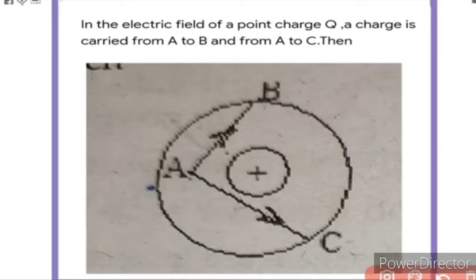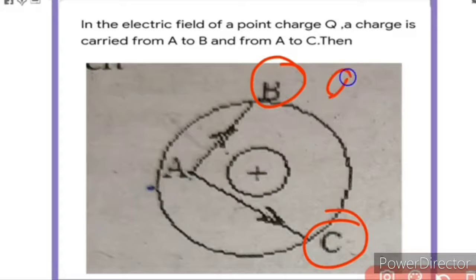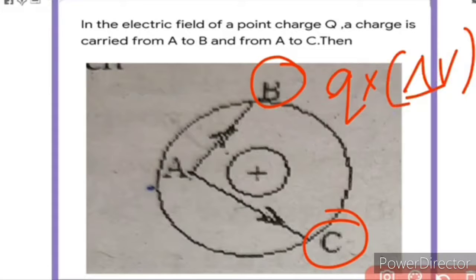So B and C, these 2 points, are at the same potential. Got it? So B and C are at the same potential. We know work done is given by W equal to Q into potential difference, that is delta V. Work done in moving the charge is Q into delta V. Here the same charge Q is moved.